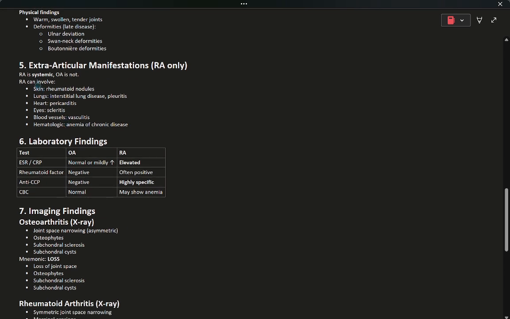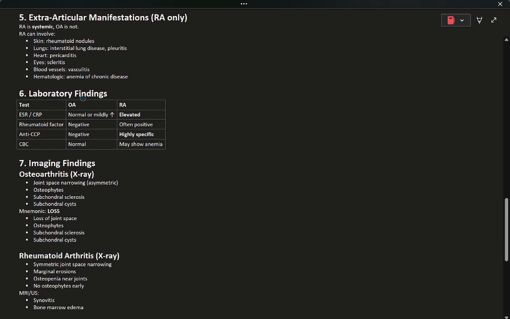So for rheumatoid arthritis, some extra-articular manifestations to watch out for include rheumatoid nodules on the skin, interstitial lung disease, or even pleuritis regarding the lungs, pericarditis, or inflamed pericardium regarding the heart, scleritis in the eyes, vasculitis in the blood vessels, and then anemia of chronic disease regarding the hematological system.